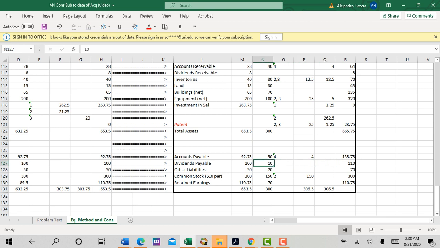The dividends payable looks good. The other liabilities look good. Common stock is equal to the parent's. That looks good. Let's see what we end up with here. 729.5. Didn't these total up?